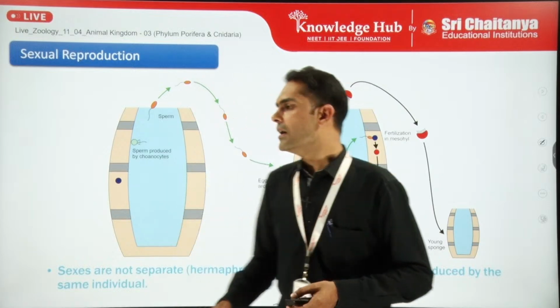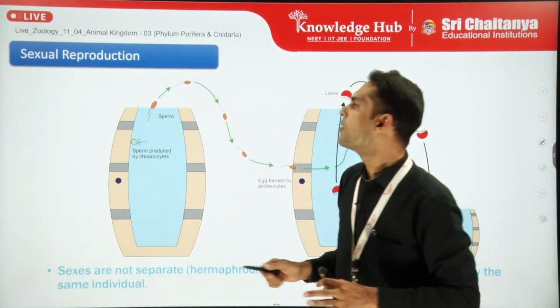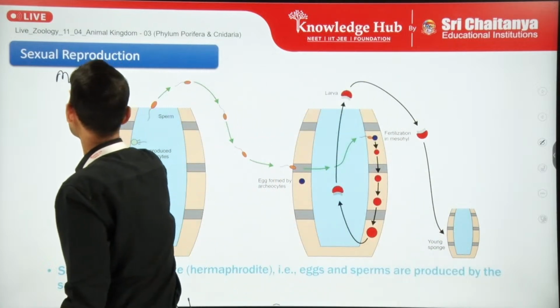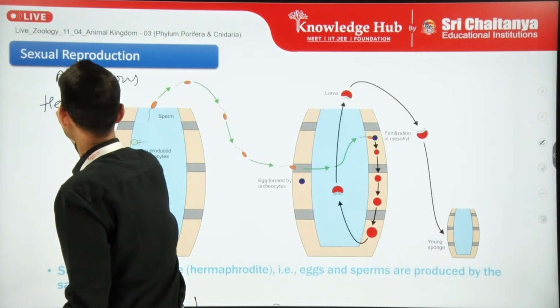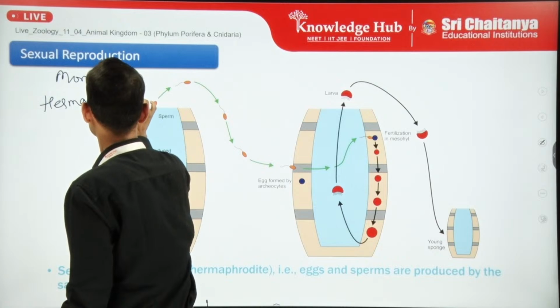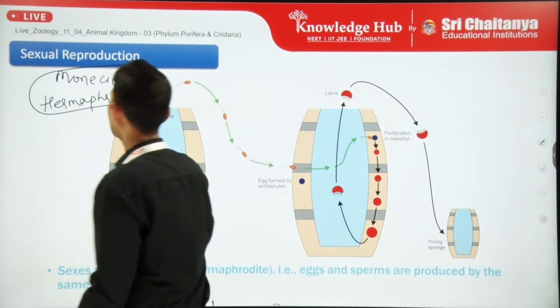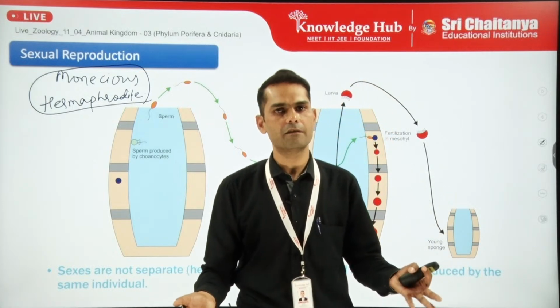Okay. Now, when we talk about sexual reproduction, these organisms are monoecious or hermaphrodite. That means a single poriferan body will produce both male gametes as well as female gametes.